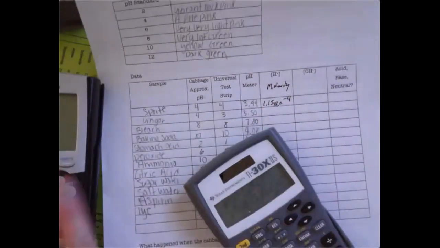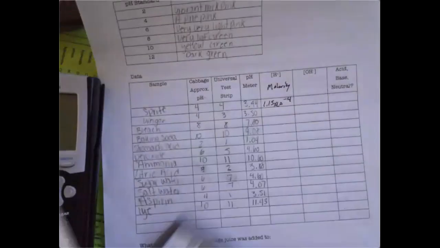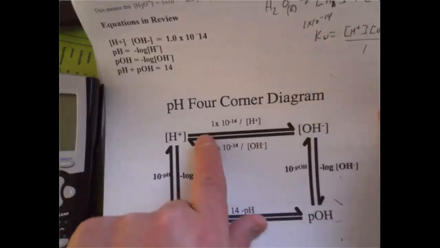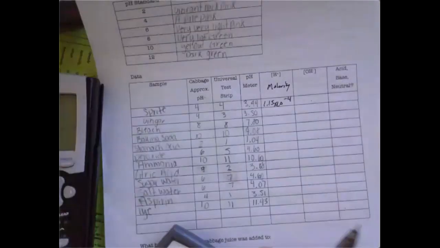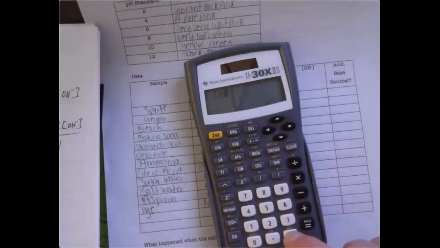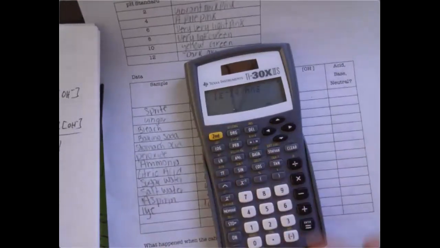So remember, I used a 4-corner diagram and I went from here to here. The next one says the hydroxide ion concentration. So now I'm here and I want to go to here. So what do I need to do? I need to follow that top arrow. And I'm going to take 1 times 10 to the negative 14th, and I'm going to divide it by that answer.